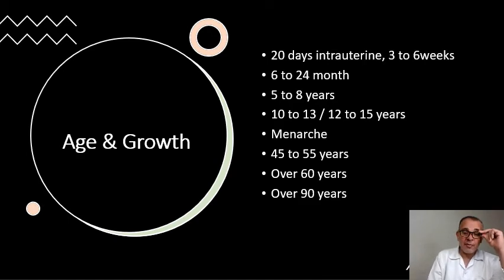Then we have the 45 to 55 years, also for women consideration about osteoporosis and this particular menopause age. And over 60 years, the literature talks about all the people over 60 years will develop adult idiopathic scoliosis or scoliosis in some sort.